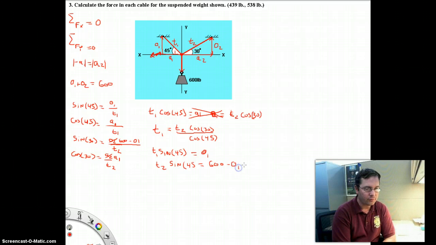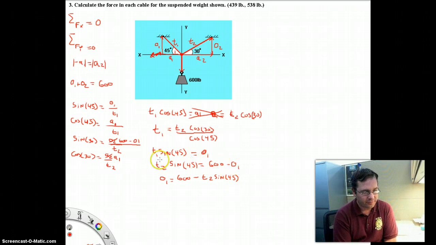minus O1. Well, now let's do some transforming so that we can set these two equal to each other and turn the crank. So what I'm going to do is add O1 to both sides and subtract T2 times the sine of 45, so that this expression now starts to look like O1 equals 600 minus T2 sine of 45.